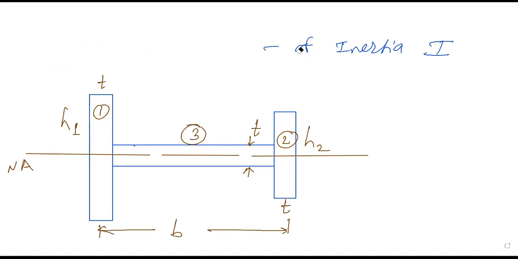Now, if you consider the moment of inertia, that is part 3rd, that is for the web. The thickness is very small. If you take that particular 1/12 BT cube, T is very small, so we will neglect that moment of inertia for part 3rd.